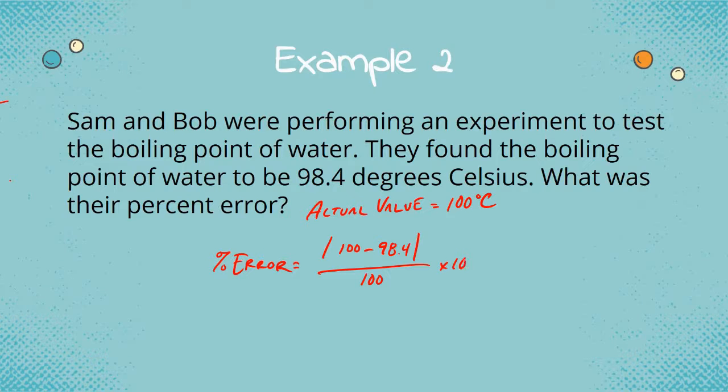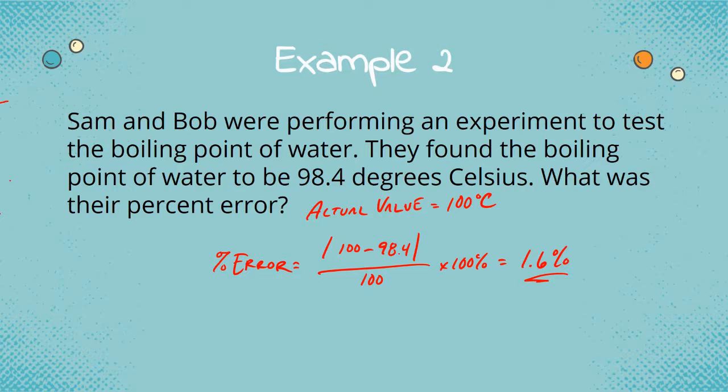As we go through this, 100 minus 98.4 should give us 1.6, divided by 100 and then times 100. We're going to end up getting 1.6% error. All right, so Sam and Bob did even better than Joe and Susan.